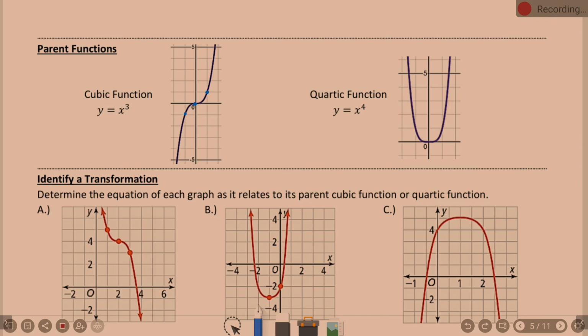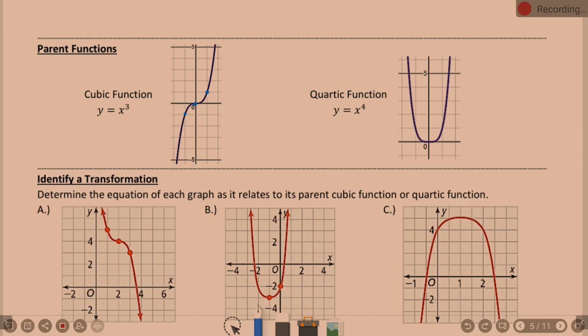The other graph you'll be looking at, quite different, is x to the fourth. Now, x to the fourth looks a lot like x to the second, doesn't it? It's a very similar shape, just a little flatter at the bottom, and it goes up a little quicker.